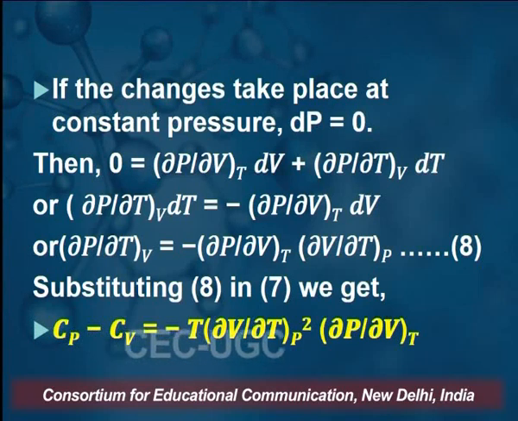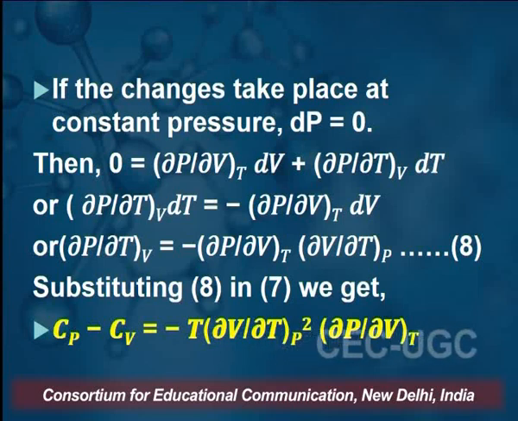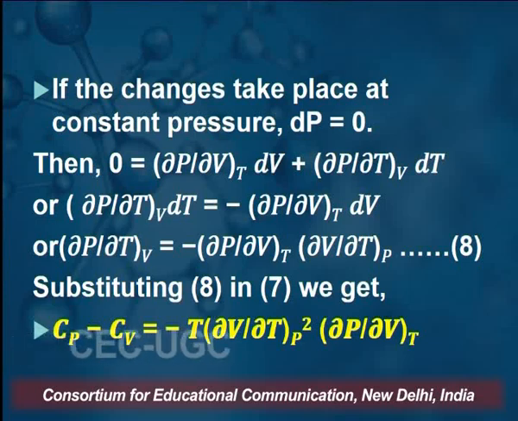Now substituting equation 8 in equation 7, we get Cp minus Cv is equal to minus T (∂V/∂T at constant P) square into ∂P/∂V at constant temperature.